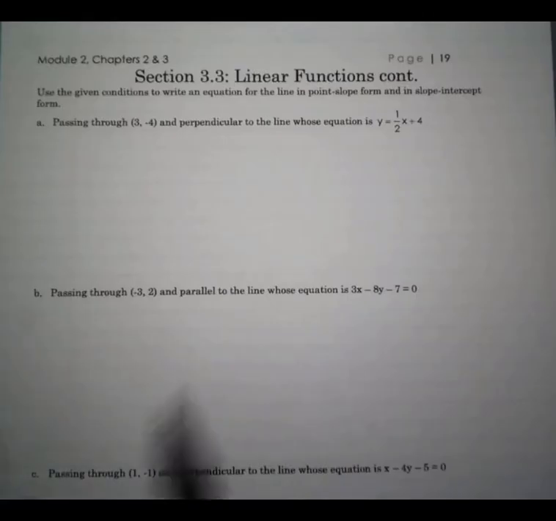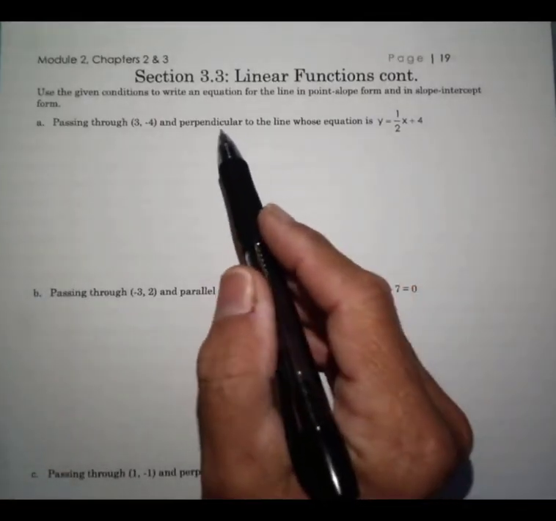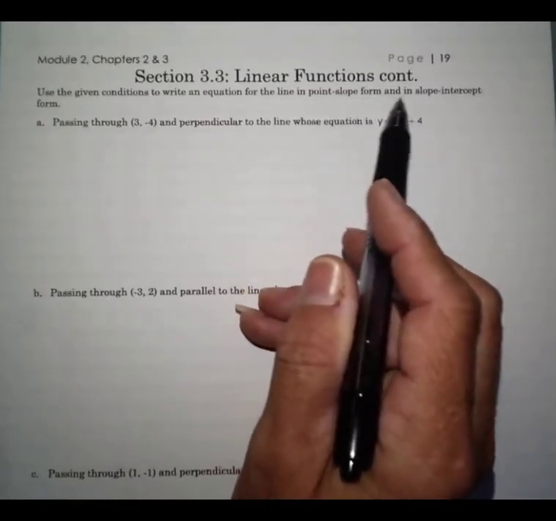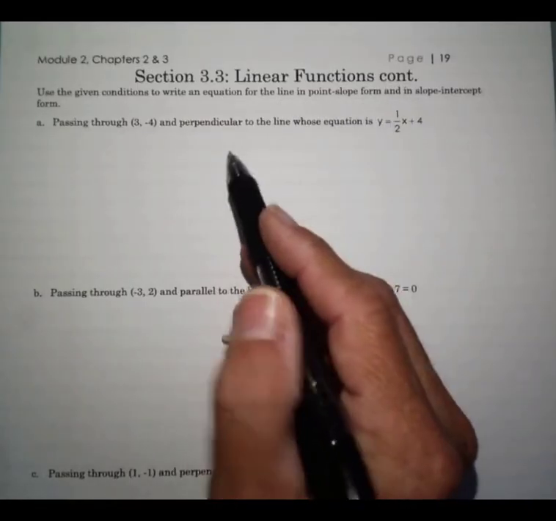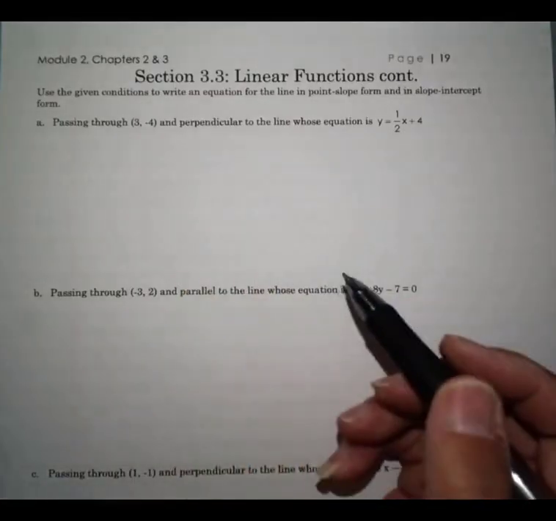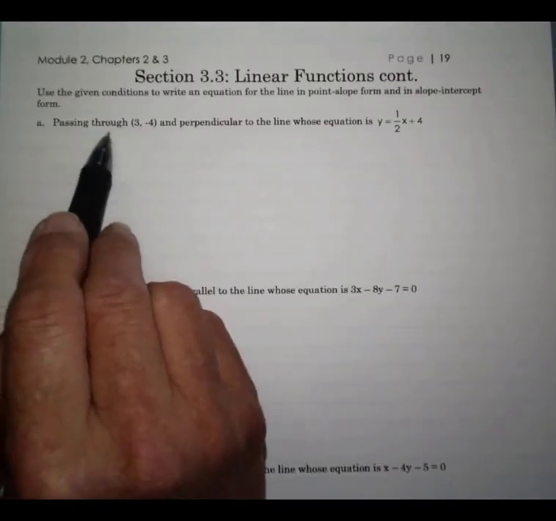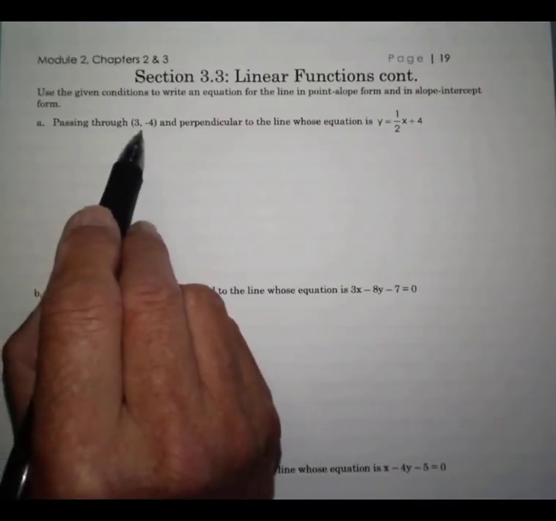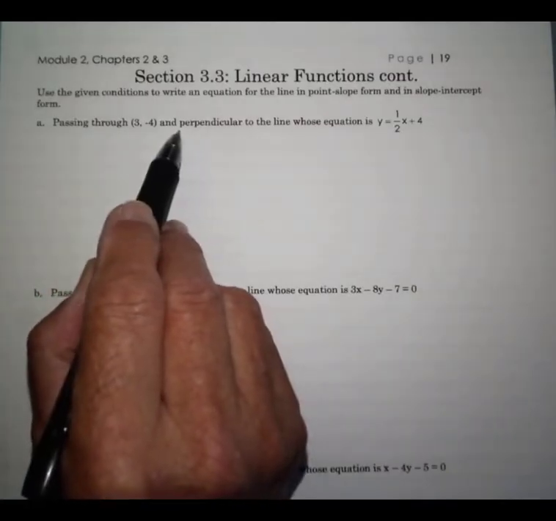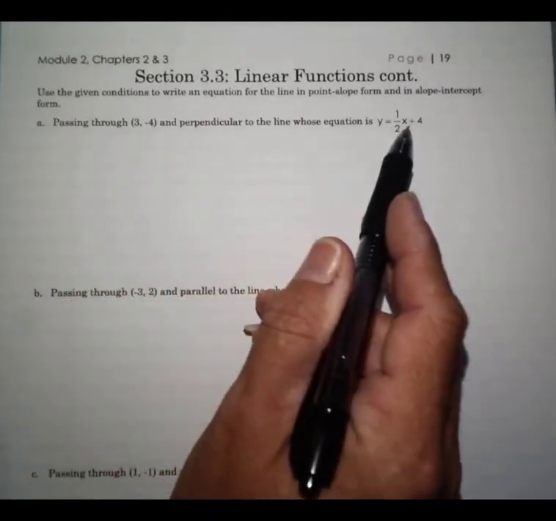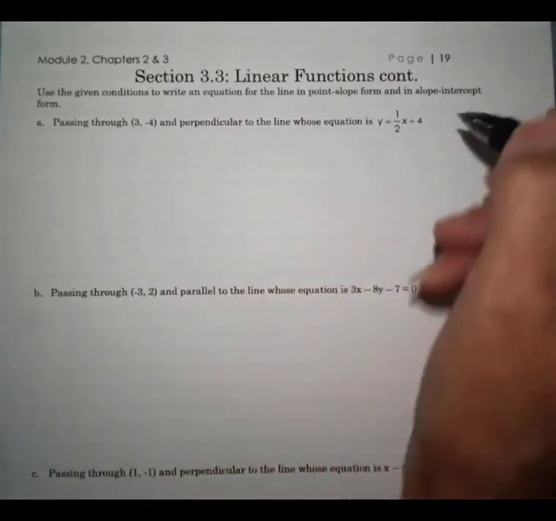Let's do these 3 problems just to work with using the point-slope form to come up with a linear equation using what we know about certain lines and points that they give us. This one tells us they want the equation of a line that passes through the point 3, 4, and they want it to be a line that is perpendicular to the line whose equation is y equals 1/2 x plus 4.